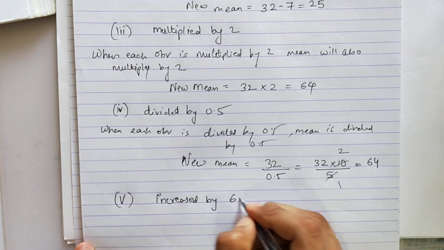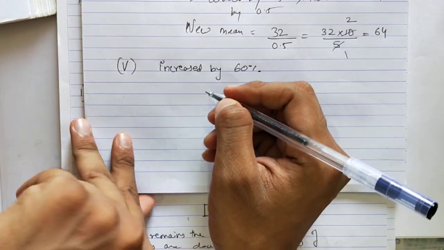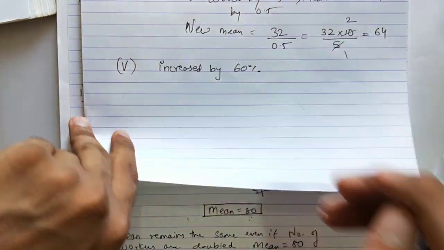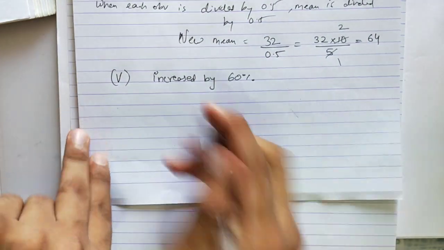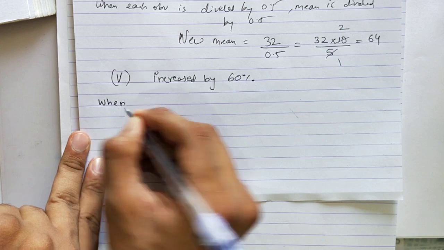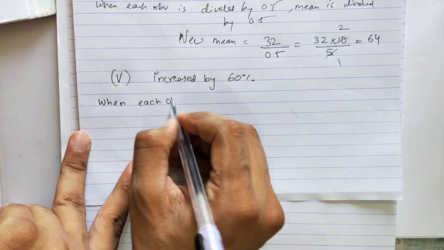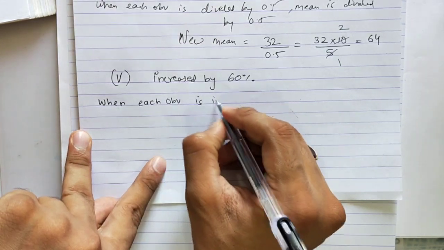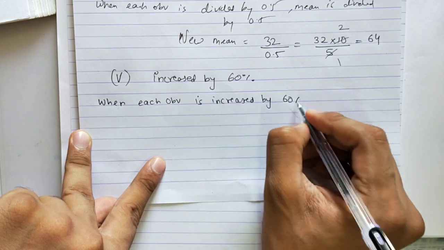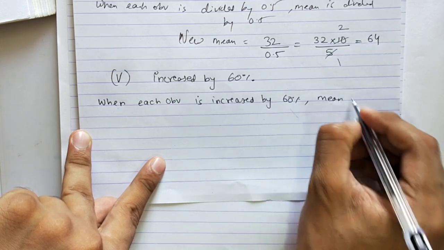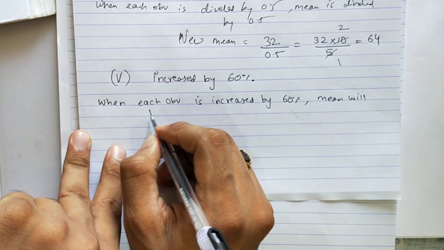Okay, then the fifth one they have said increased by 60%. So again the statement: when each observation is increased by 60%, the mean will increase by 60%.